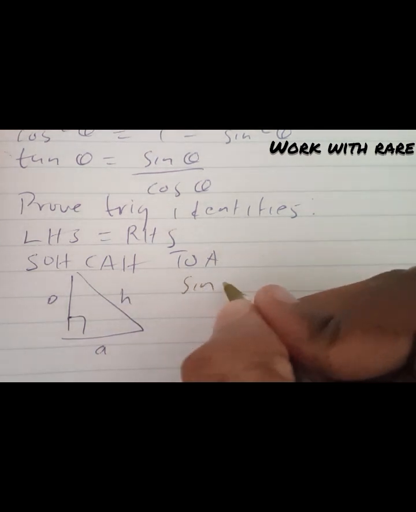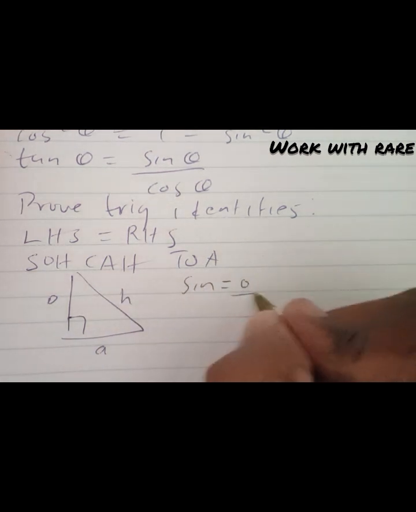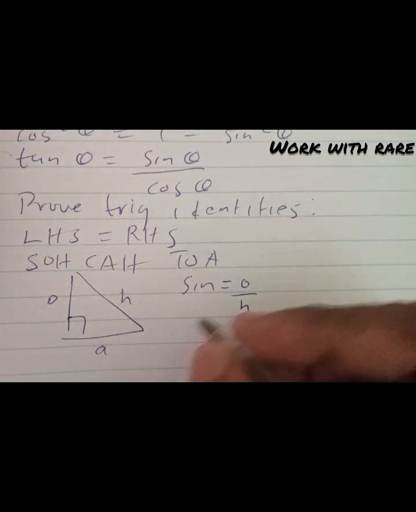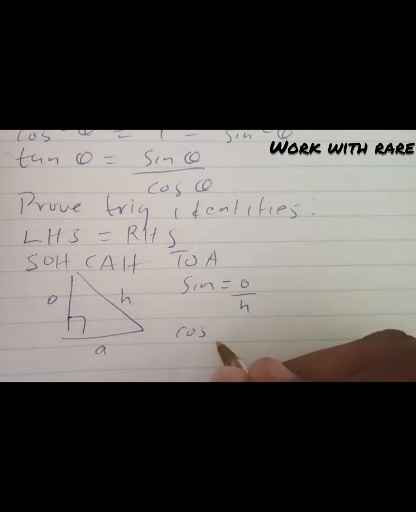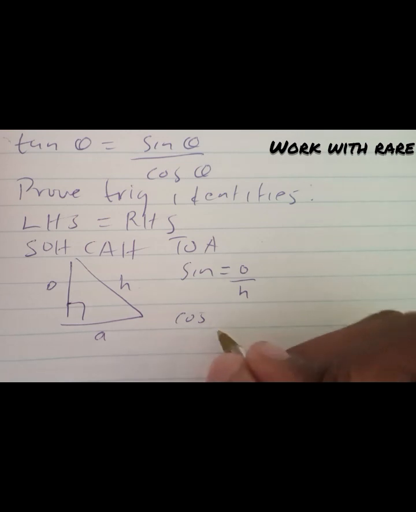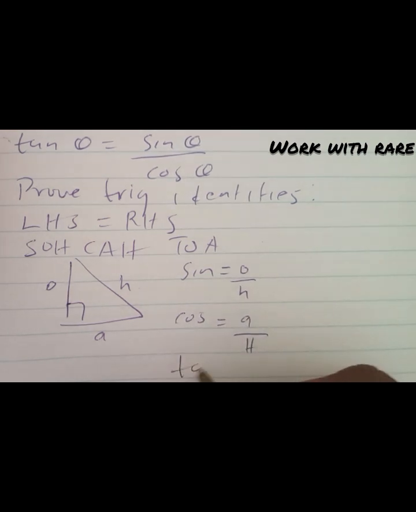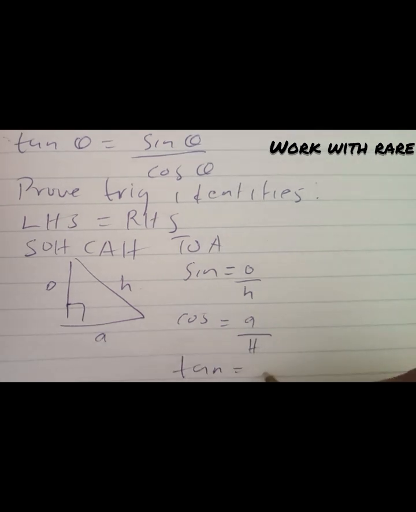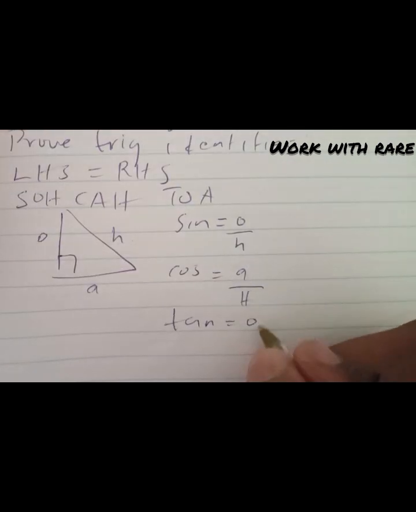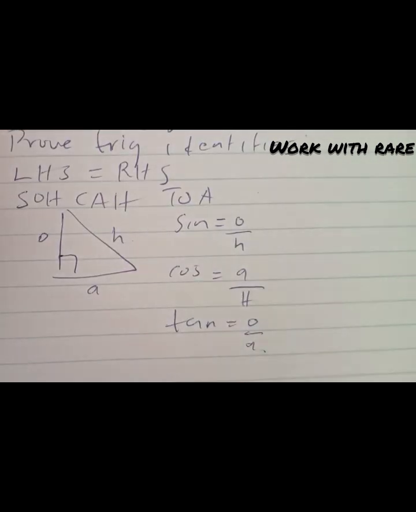So sine is opposite over hypotenuse, cos is adjacent over hypotenuse, and tan is opposite over adjacent. So that's what you should know.